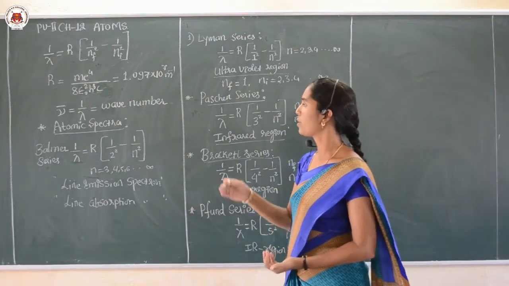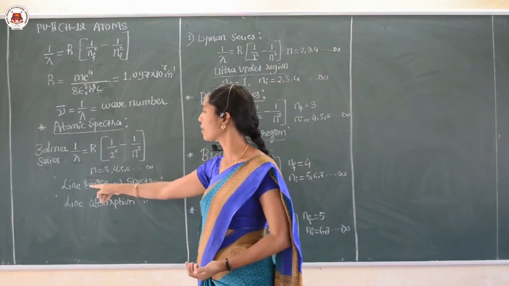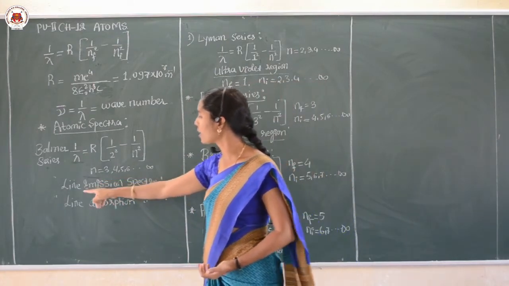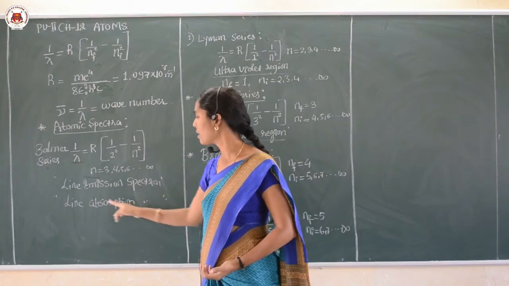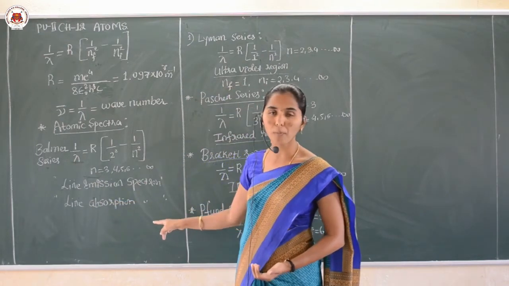See, when we talk about the atomic spectra, first we need to understand how the line emission spectrum and the line absorption spectrum are obtained.